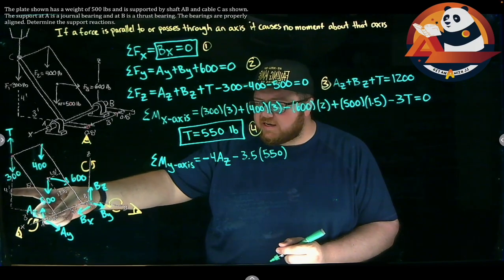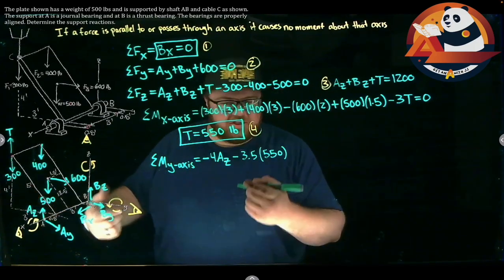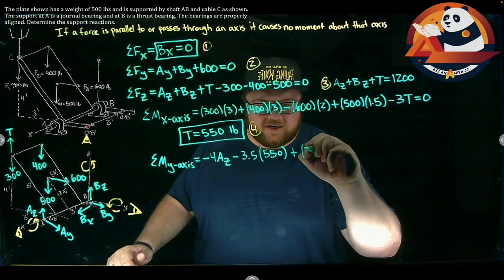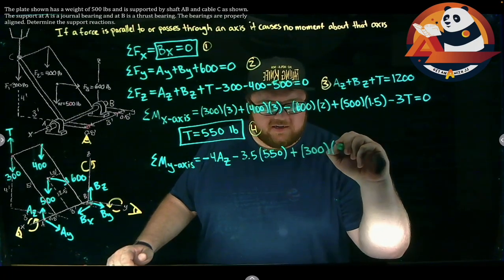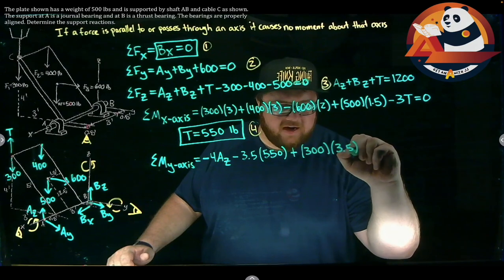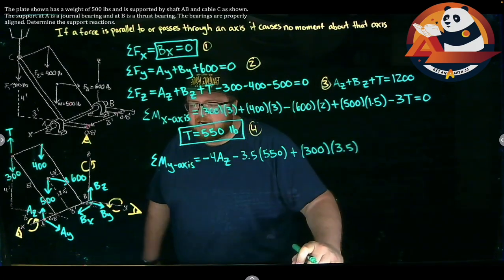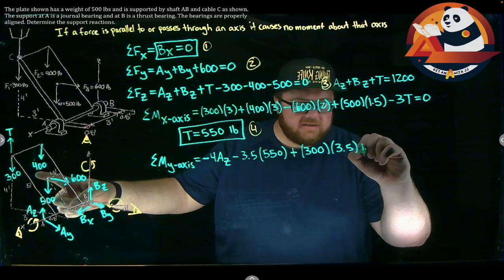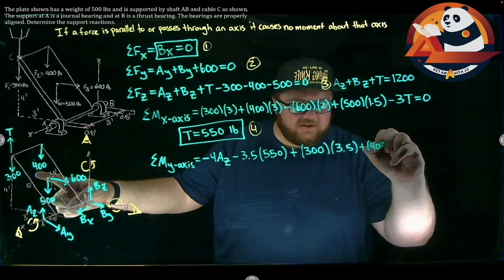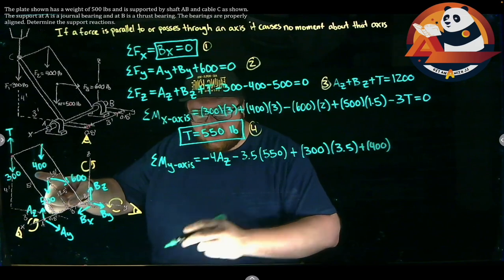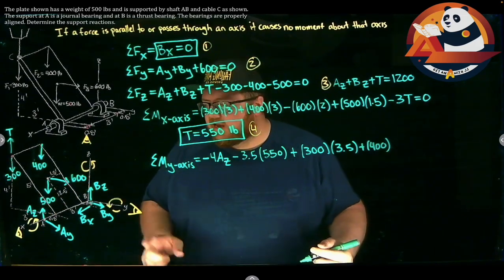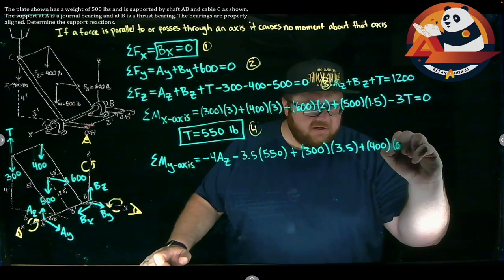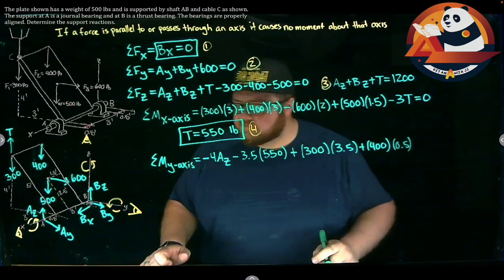Well, that 300, it will be included in here. It's just opposite of T, so we'll add it. Plus, my force is 300 times my distance is 3.5. We also need to get in our 400-pound force, plus force is 400. It would cause a counterclockwise rotation, so we're adding it. And our distance here is just 0.5 times 0.5.